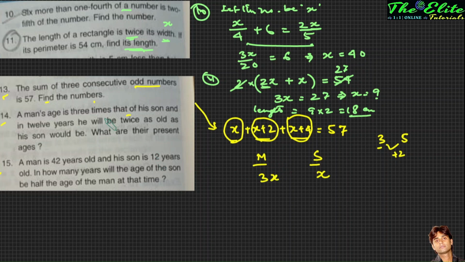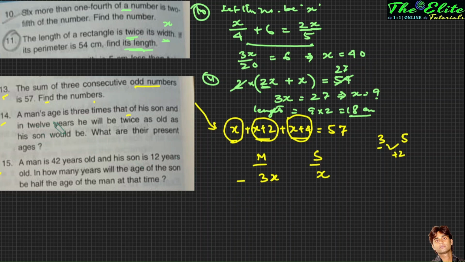Clear? And this is actually the present age. Whenever an age problem is there, you have to solve it in 3 phases: present age, future age, meaning after some time, if they say after a few years what will be their ages, or in the past what were their ages. So present, past and future we have to deal with in this kind of question.